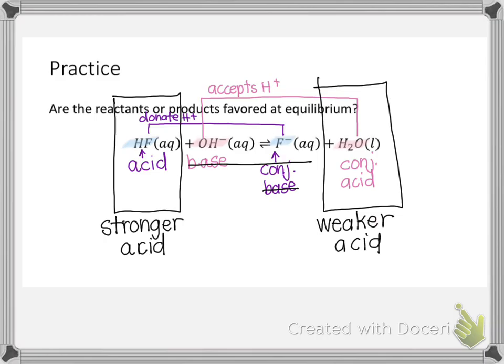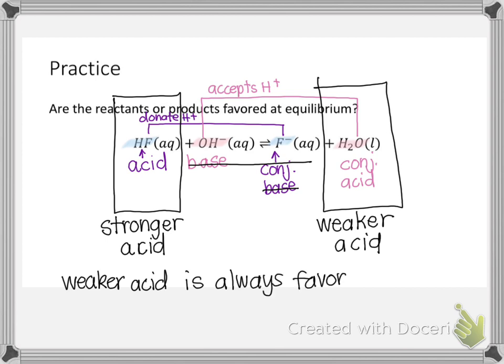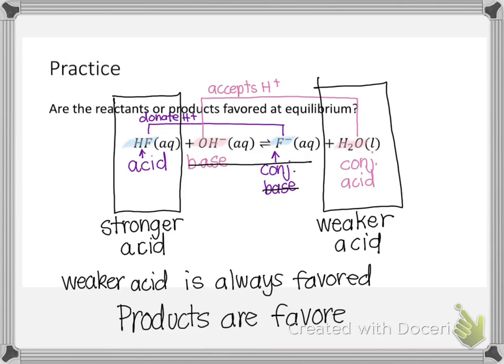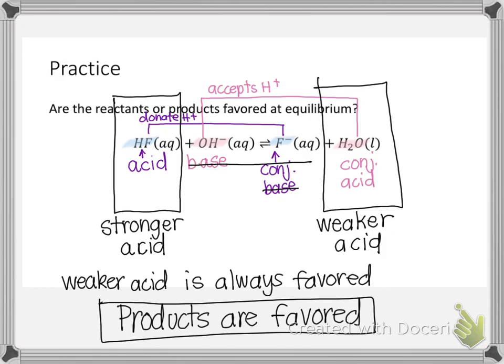Now, the answer, which I mentioned previously, is that the weaker acid is always favored. So in this example, the weaker acid is on the product side, so the products are favored at equilibrium because they have the weaker acid.